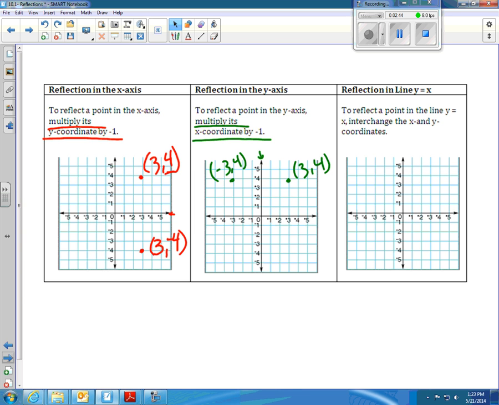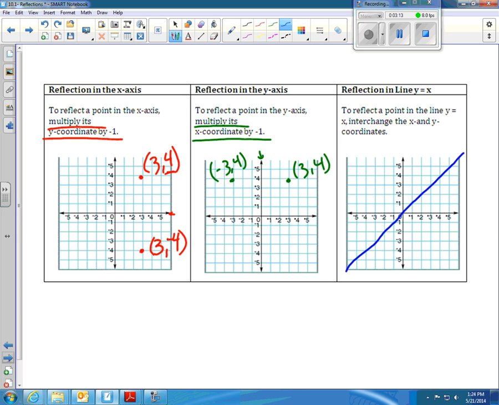Our last one here we're talking about is reflecting over the line y equals x. So first we need to talk about what is that line y equals x? Well, that's where our y-coordinate and our x-coordinate are equal, such as (1, 1), (2, 2), (-4, -4), (-10, -10). So that line is a diagonal line that runs right through there. You don't have to draw this every time, but I'm just drawing this so you know what line we're reflecting on.